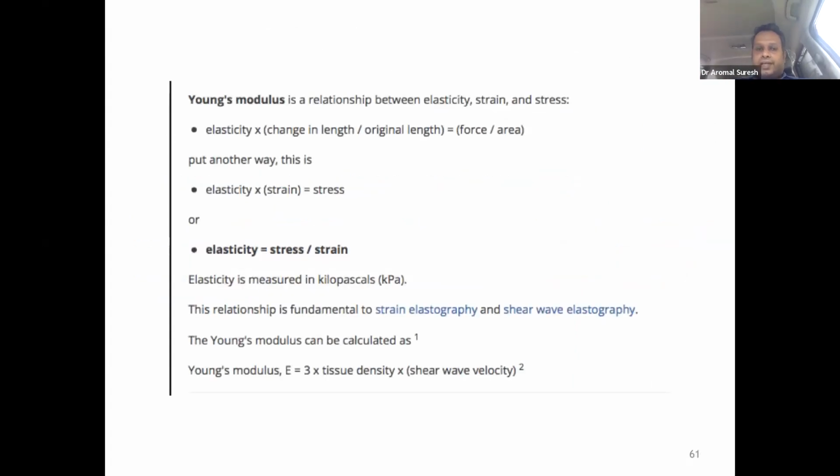So you should know about Young's modulus, the elasticity, which is force by area. So elasticity times strain is equal to stress. Elasticity can be measured in kilopascals. There's a paper from Cruz, I think, combining elasticity plus TI-RADS. If you combine both of these things, you can increase the sensitivity and specificity.